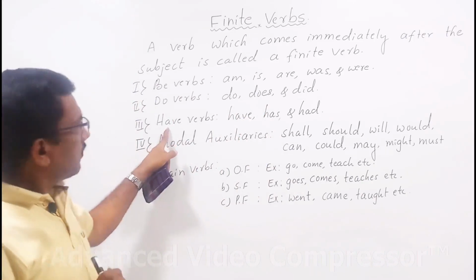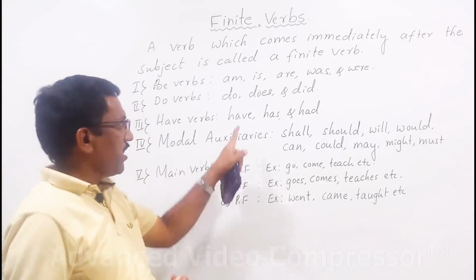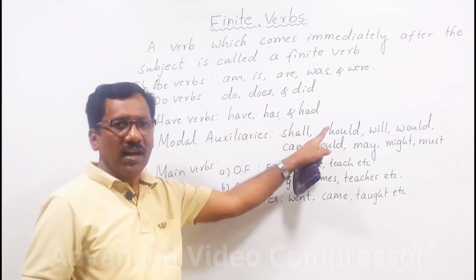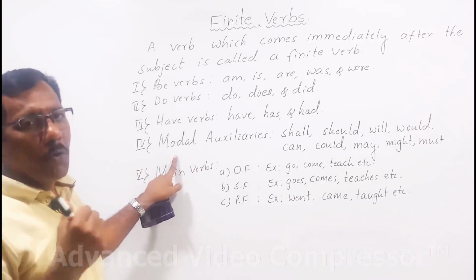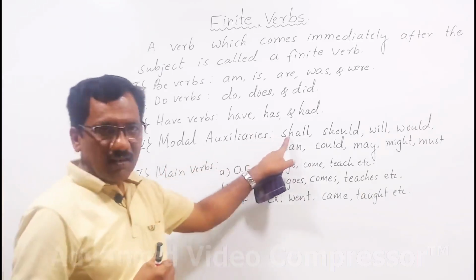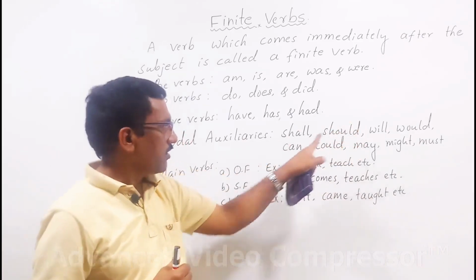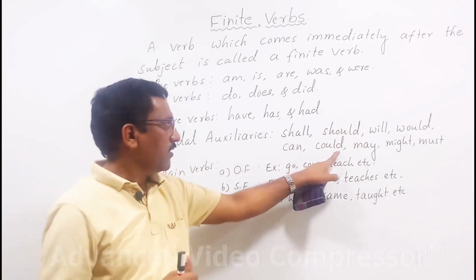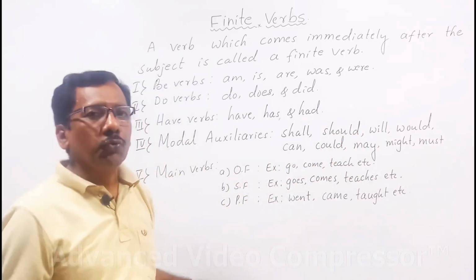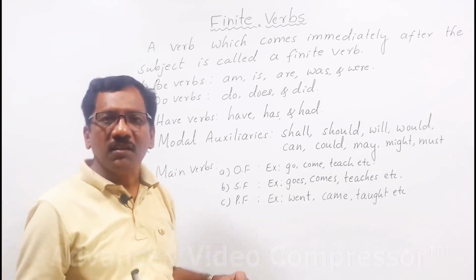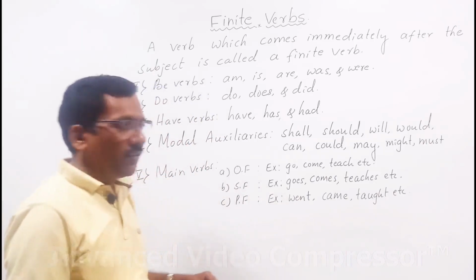And the have verbs are finite verbs. What are the have verbs? Have, has and had. And modal auxiliaries. What are the modal auxiliaries? See, shall, should, will, would, can, could, may, might and must. Even used to, ought to, need, dare. They are also modal auxiliaries.